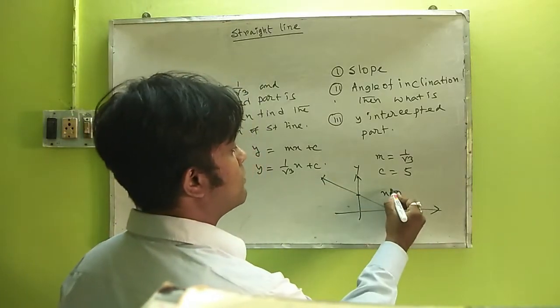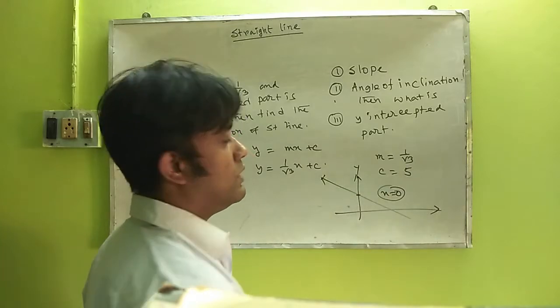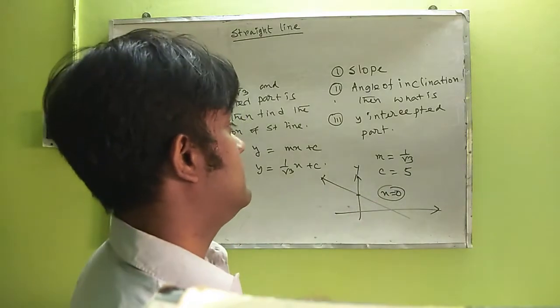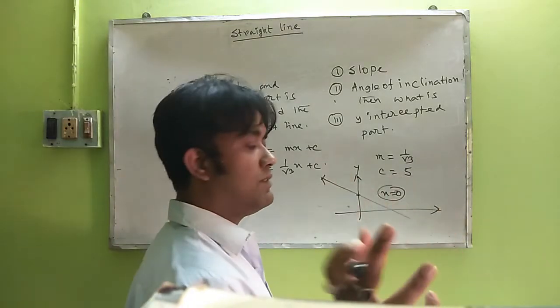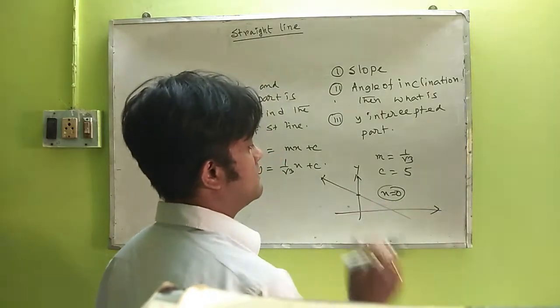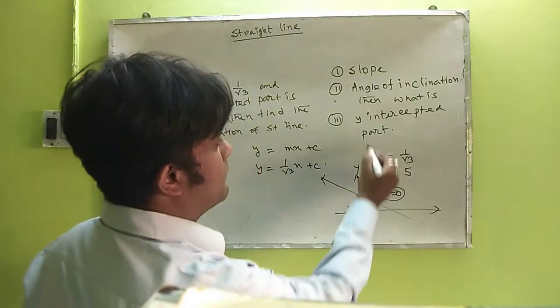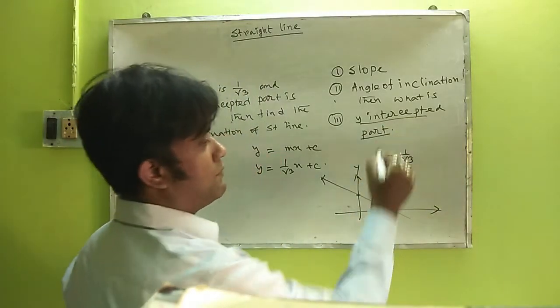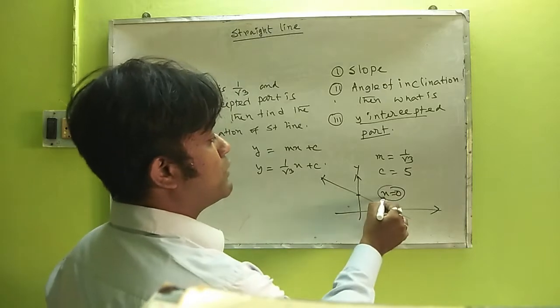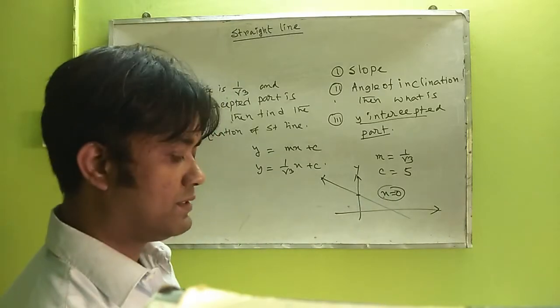We have already discussed that. Just as a reminder, if we find y intercepted part, then you have to put x is equal to 0 in the given equation.